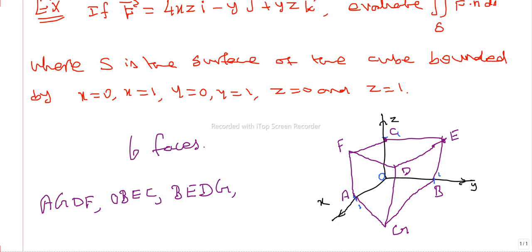And then the opposite side for the y axis, that is AFCO, or we can take OCFA. Another one is the bottom and then the upper. The bottom we have OAGB. Then the upper side is FCED. So totally we have 6 faces.